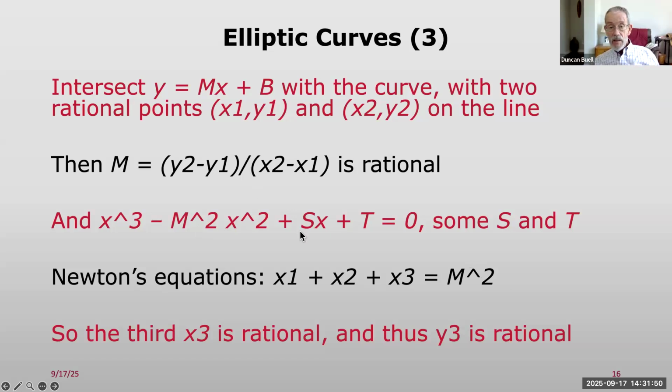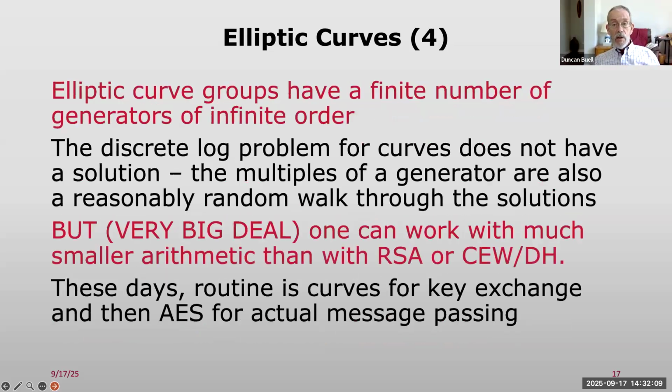M is rational, x1 and x2 are rational, so x3 is also rational. So if you take a straight line and cut the curve in 2 rational points, the 3rd point is rational, which is part of why you get a group. And this was proved to be a group of a finite number of generators back in the early 1900s, a very famous theorem.